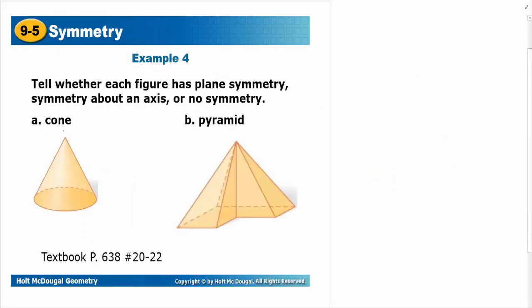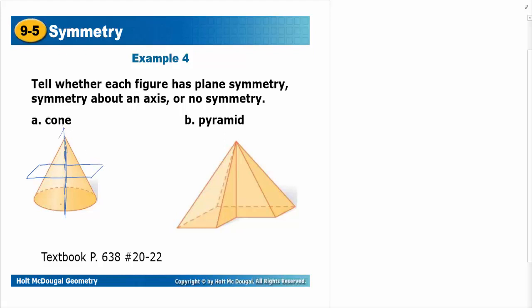So, for example, like I said on here, tell whether each figure has plane symmetry, symmetry about an axis, or no symmetry. Like this one, you'd want to see, is there a plane that you can cut and divide this in half? If I was trying to divide this cone in half, you'd have to find a plane that would cut through this figure. If I'm trying to cut a plane in this figure this way, it's not going to work.